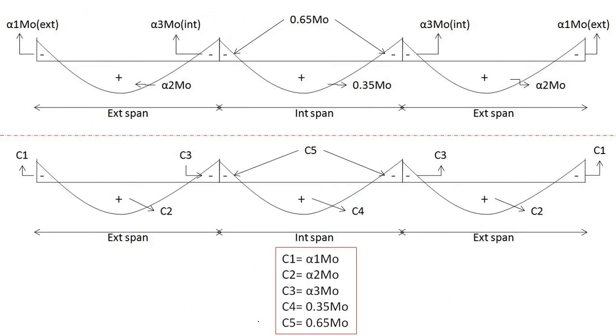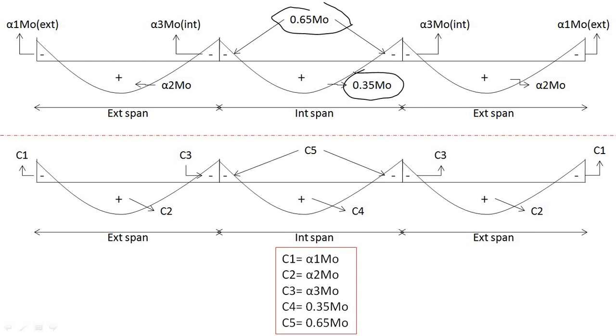Now let us see the 3 span flat slab. In this case this will be the external, this will be the internal, and this will be the external span. As we have seen, for the internal span the negative moment is 0.65 M0, and for the positive it is 0.35 M0.